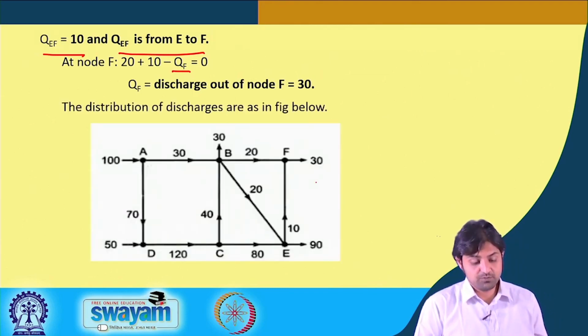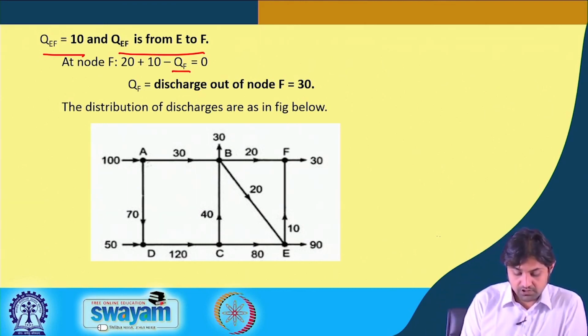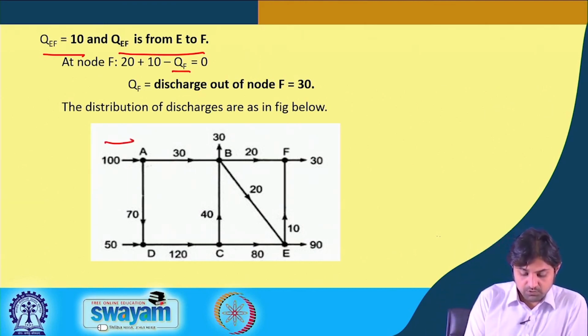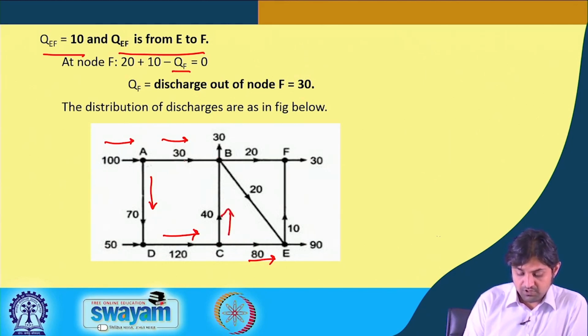Now the final distribution of the discharges is as follows. 100 goes in, 30 is distributed here, 70 comes here. Now 50 plus 70, the 120 will go here, and at node C 80 is going in this direction, 40 is going in this direction. At node B 30 which is coming here will go there, 40 that is coming here is distributed 20 this side, 20 this side.